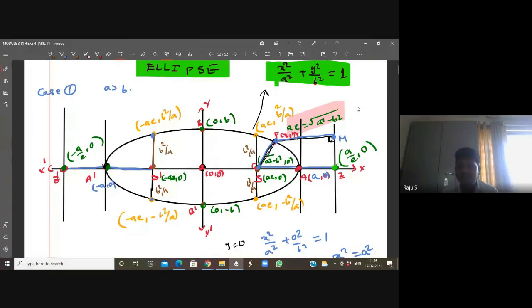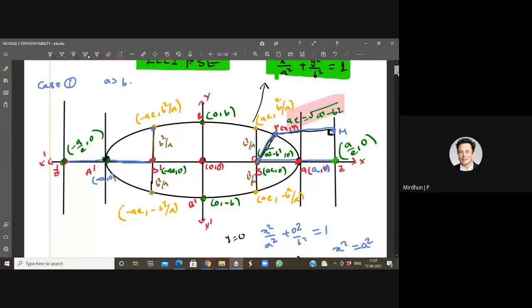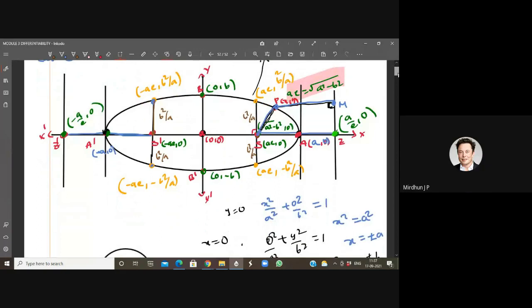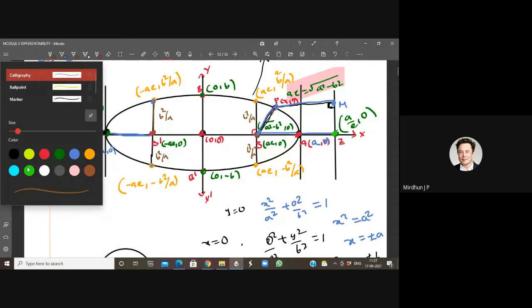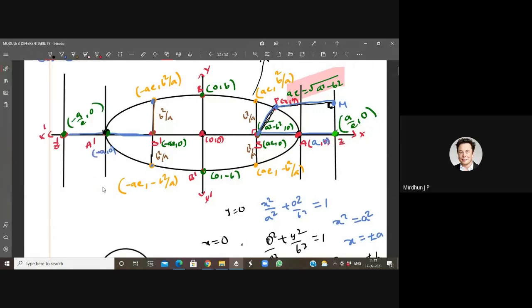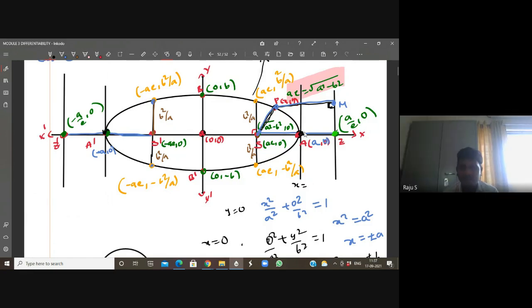And see here, can I draw any tangent at the vertex? How many tangents at the vertex exist here? Two. What are they? Tangents at the vertices. The tangent at the vertex is x is equal to a, and x is equal to minus a.